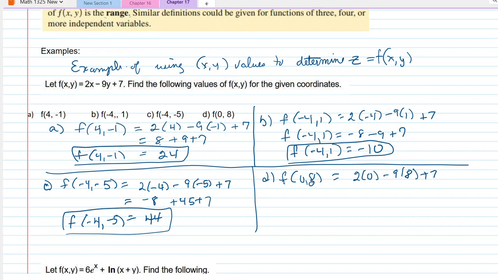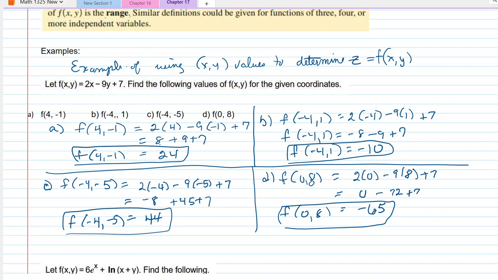That is an 8. Yes. So that gives me 0, and this is a negative 72 and 7. So I'm going to get a negative 65 as the outcome for the function at 0 and 8 of two independent variables.